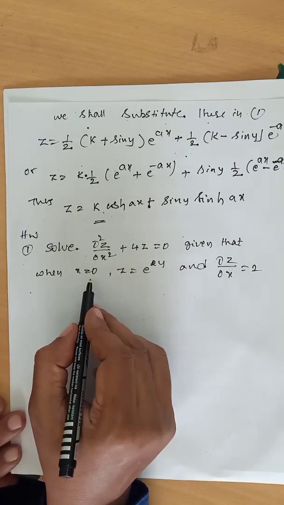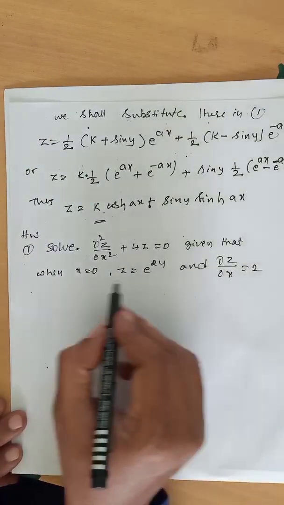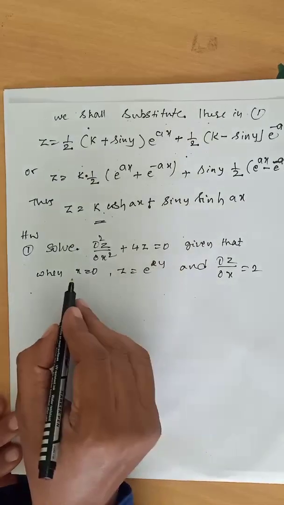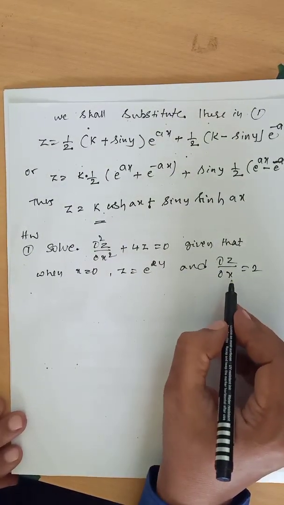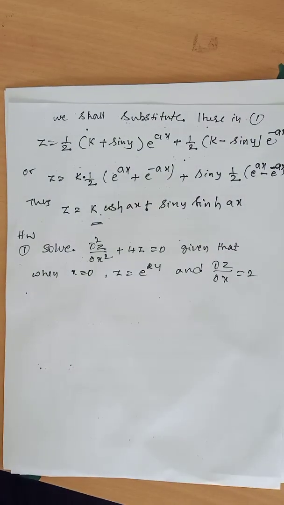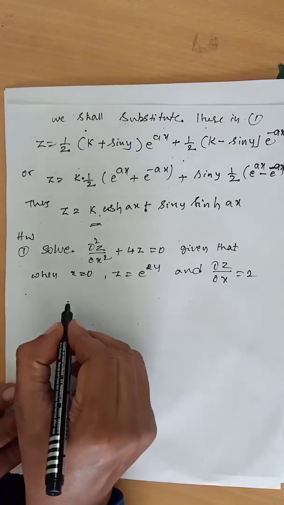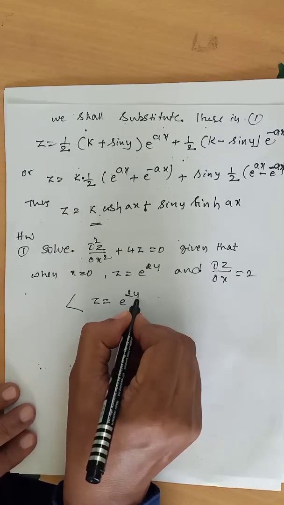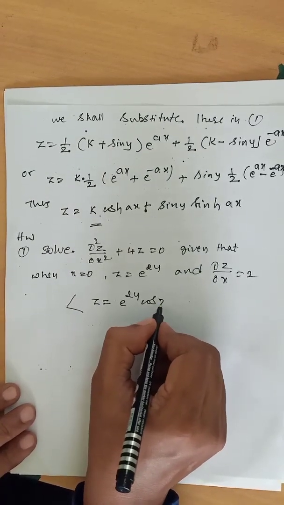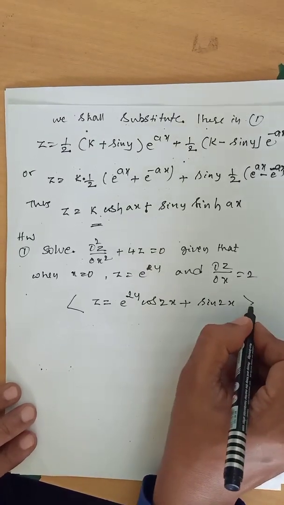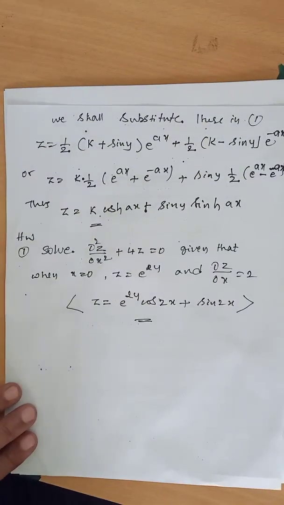See, here also there are two initial conditions: x = 0 and z = e^(2y), and x = 0, ∂z/∂x = 2. Try this at home. The answer for this problem is e^(2y)(cos 2x + sin 2x).